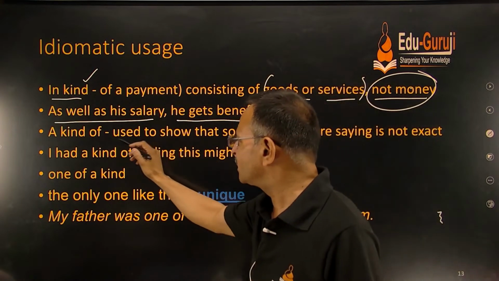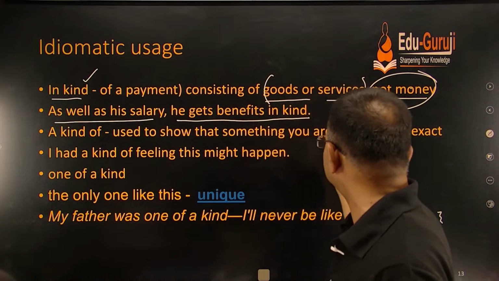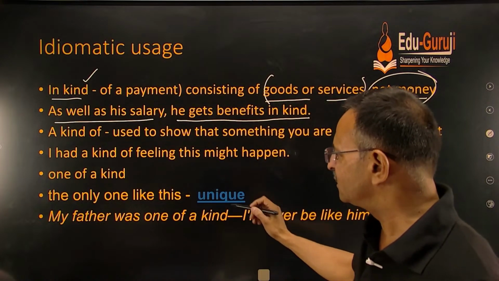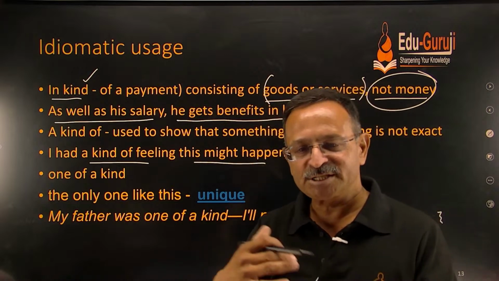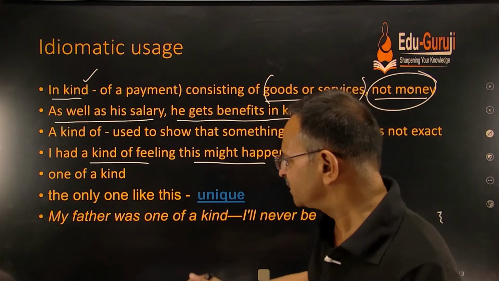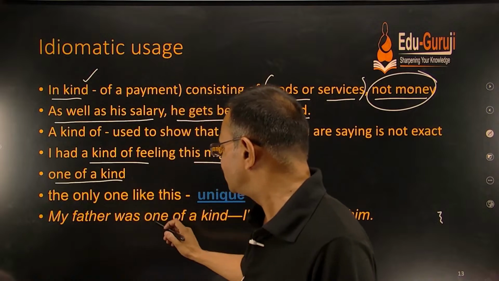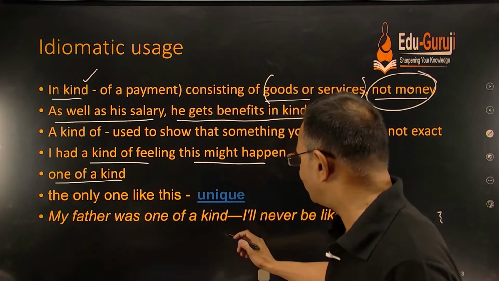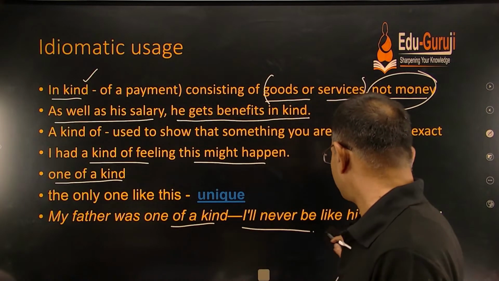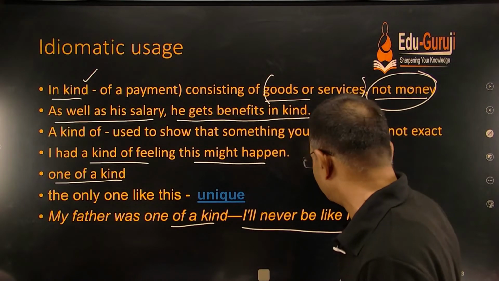The second is "a kind of", used to show that something you are saying is not exact. I had a kind of feeling this might happen. So it is not the exact thing. The third one is "one of a kind", the only one like this, unique. My father was one of a kind. I will never be like him.